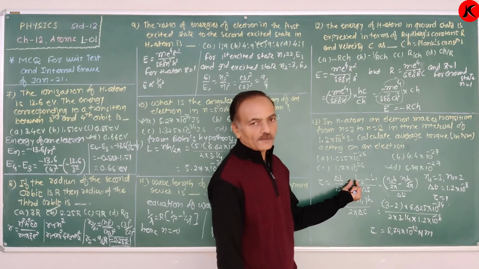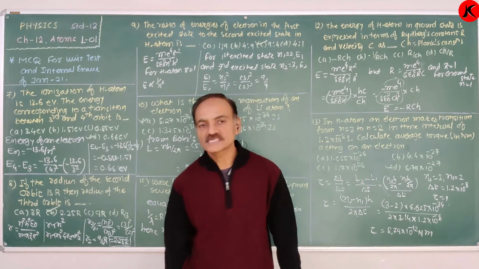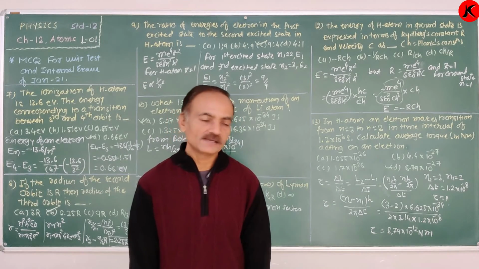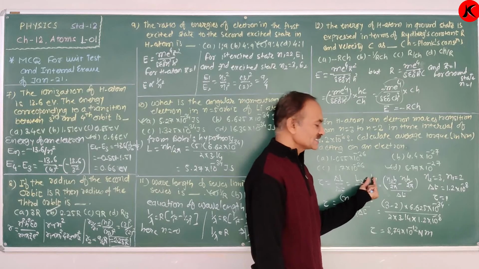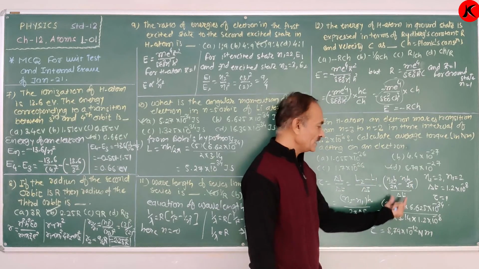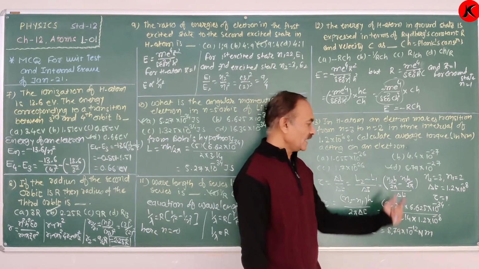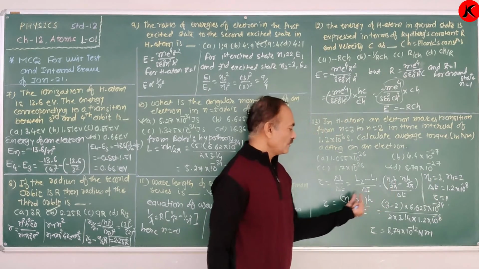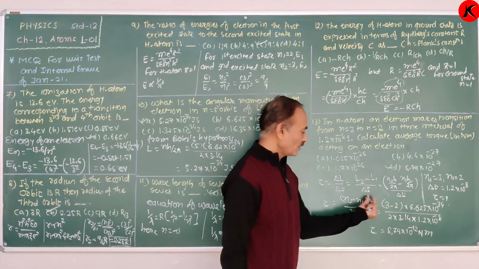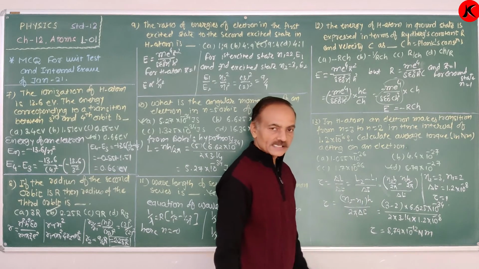Substitute the value of angular momentum from Bohr's hypothesis, nh upon 2 pi. So, final angular momentum n2 h upon 2 pi, initial n1 h upon 2 pi, upon delta t. We arrive at this equation: n2 minus n1 times h upon 2 pi delta t.